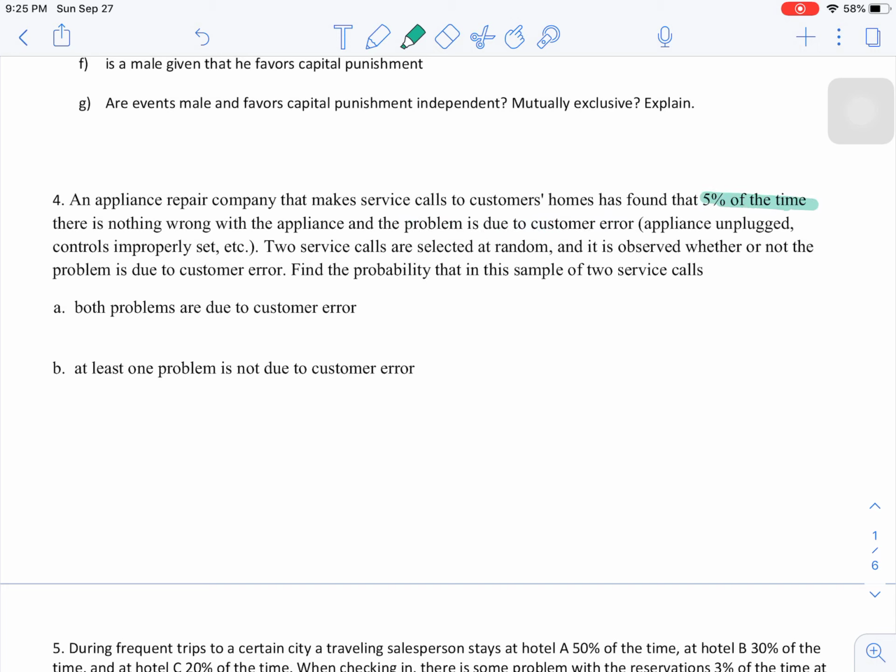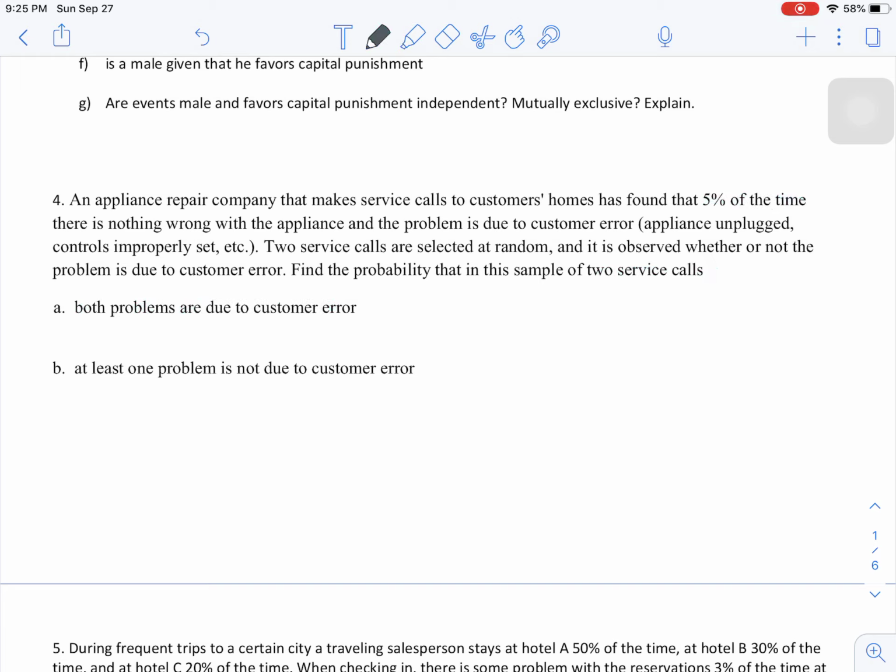So 5% of the time on service calls, it's just due to customer error. And so we're going to take 2 random service calls and see whether or not the problem is due to customer error. And so we want to find the probability that in this sample of 2 calls, 2 service trips, both problems are due to customer error.